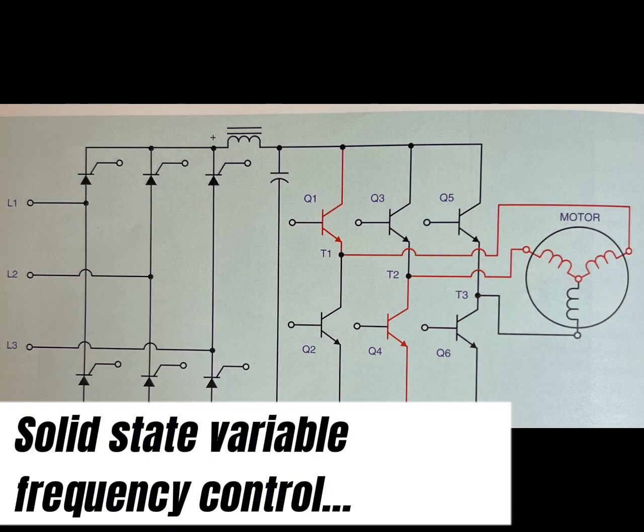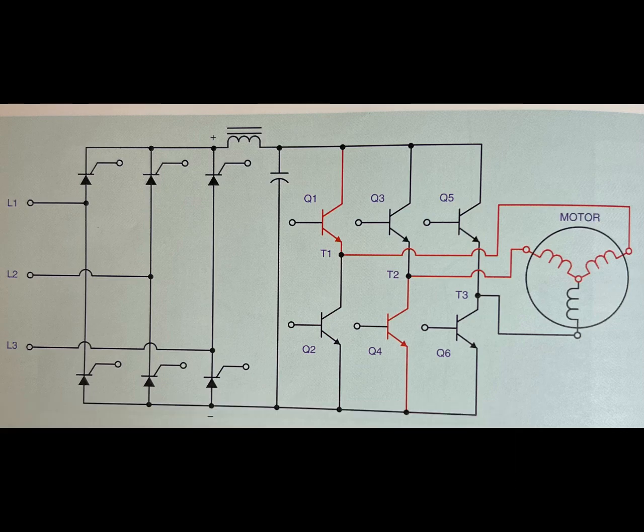The alternator can furnish power to as many induction motors as desired, provided the power rating of the alternator is not exceeded. Since the output voltage of the alternator is controlled by the amount of DC excitation current applied to the rotor, a variable voltage DC power supply is used to determine the output voltage of the alternator.